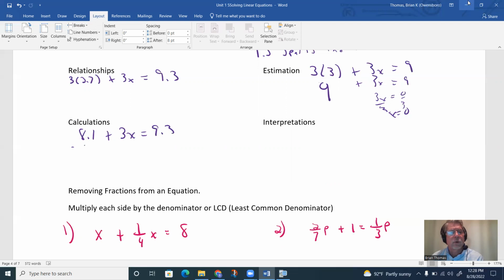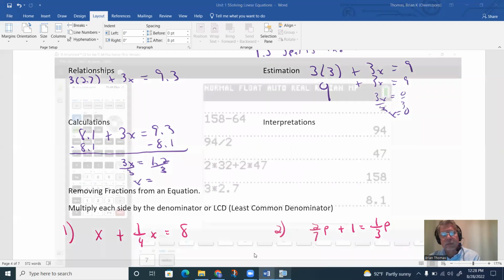I can subtract 8.1 from both sides to get the constant out of the way. So 9.3 take away 8.1 looks like 1.2. So 3x equals 1.2. If I divide each side by 3, x is going to equal 1.2 divided by 3.